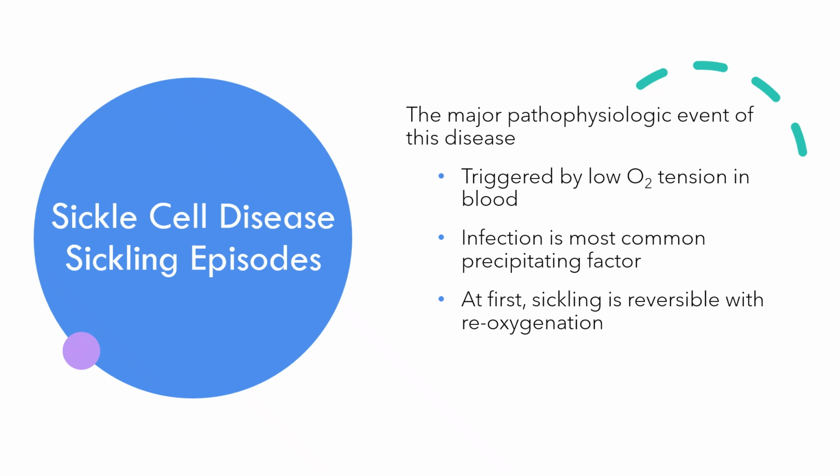At first, sickling is reversible with reoxygenation. It eventually becomes irreversible because of cell membrane damage from recurrent sickling. Vaso-occlusive phenomenon or hemolysis are the clinical hallmarks of sickle cell disease.